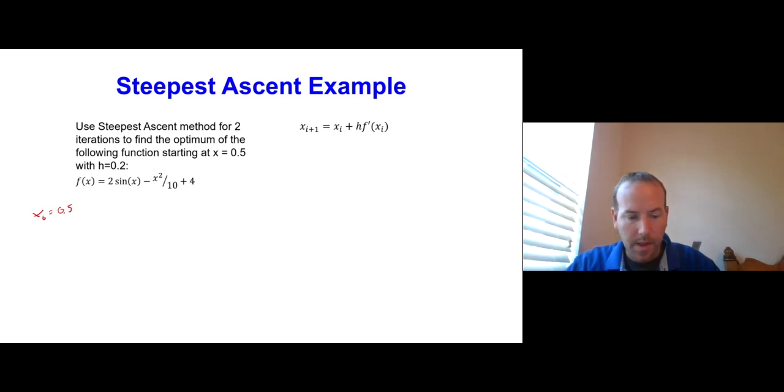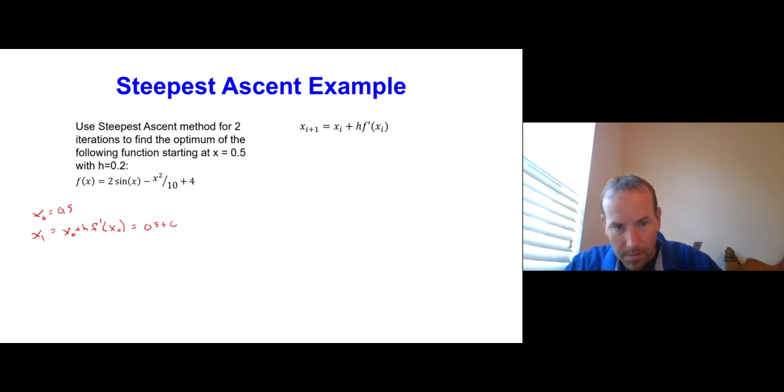Okay, and then we're going to say that using the formula on the top right, x1 equals x0 plus h f prime at x0, which equals 0.5 plus 0.2, because this is our step size.